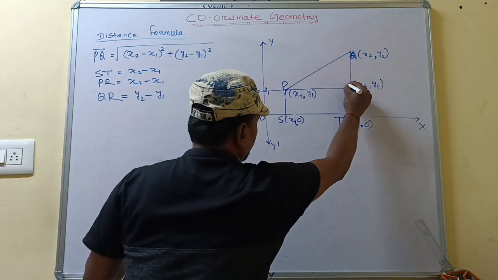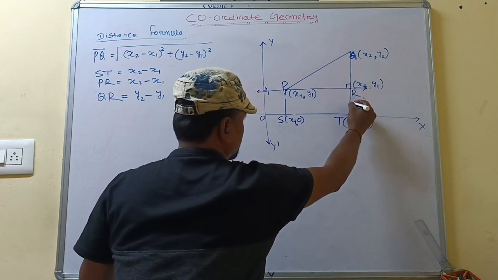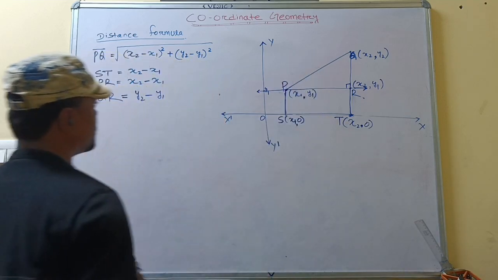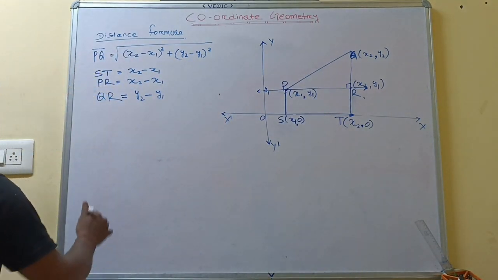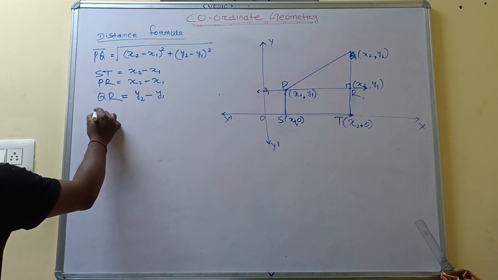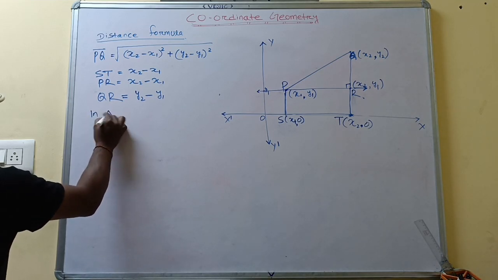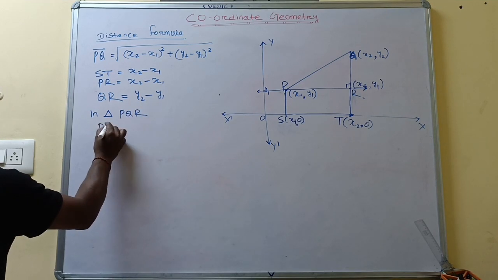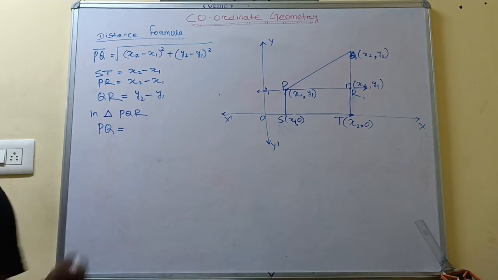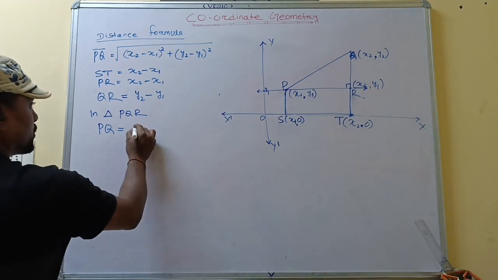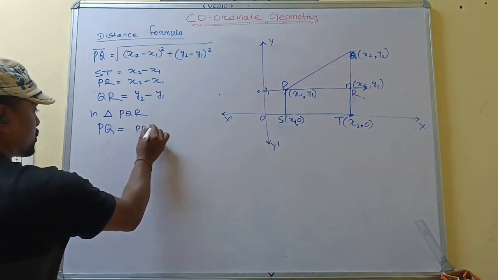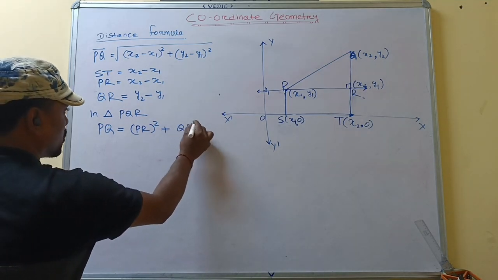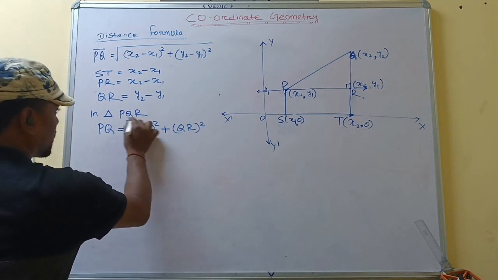It is a right angle triangle because this line is parallel with the x-axis and P is parallel with the x-axis. So in the right triangle PQR, PQ is the hypotenuse, equal to the square root of PR square plus QR square.